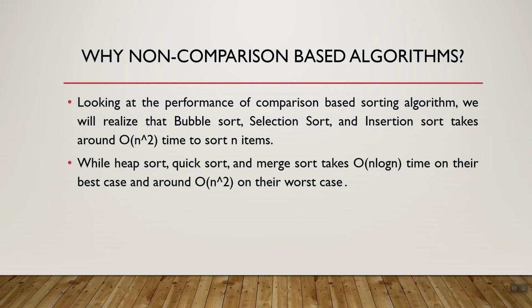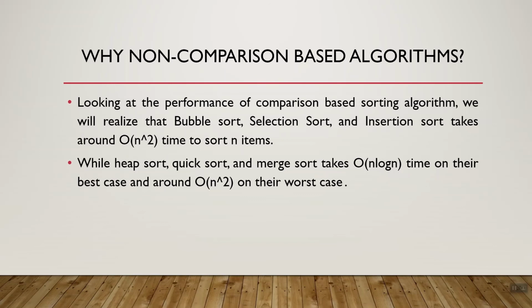Now, the question is, why did we decide to study non-comparison based sorting algorithms? If you look at the performance of comparison based sorting algorithms, we realize that bubble sort, selection sort, and insertion sort take around O(n^2) time to sort n items.